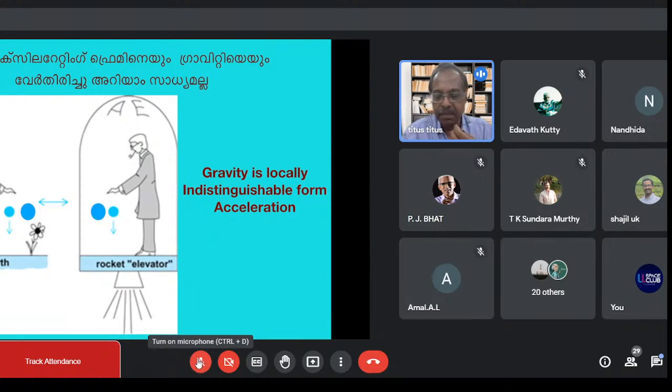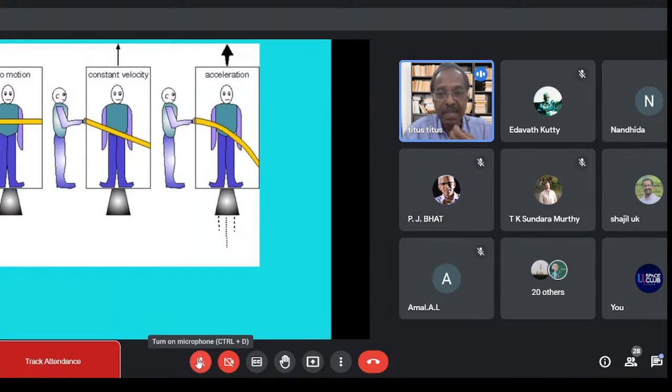So by the time the light beam reaches the other wall, the spaceship is accelerating up. Maybe it's a very minute amount of time, but the spaceship is still accelerating. So the beam will hit the other wall not on the diametrically opposite point, but on a point a little below the diametrically opposite point.